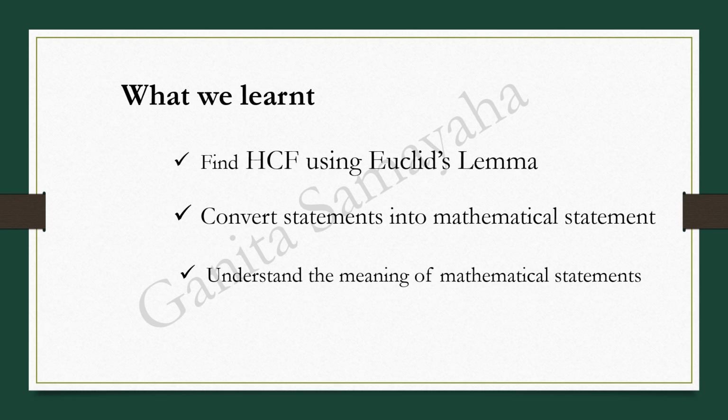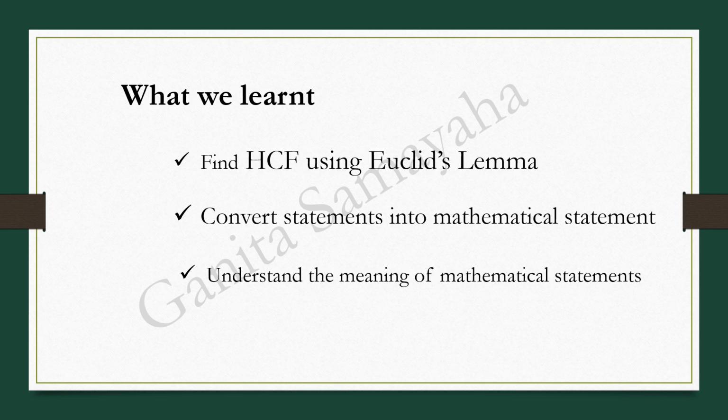We have learned how to convert statements into mathematical statements and understand the meaning of mathematical statements. These are the things that we have learned today. Very simple, children. We have just learned about Euclid's lemma. Whatever I have told so far is for you to understand the concept. That's all. So it is just Euclid's lemma that we have learned.